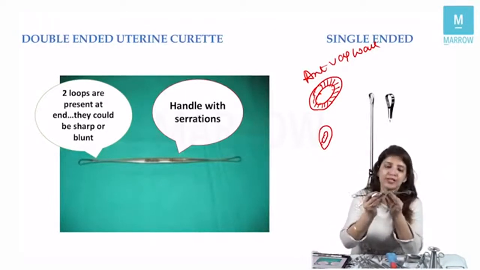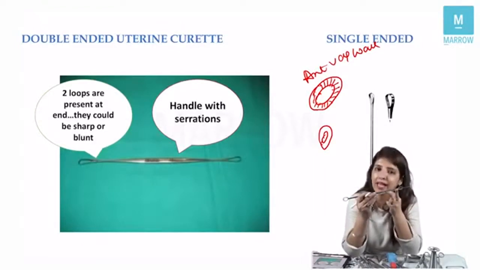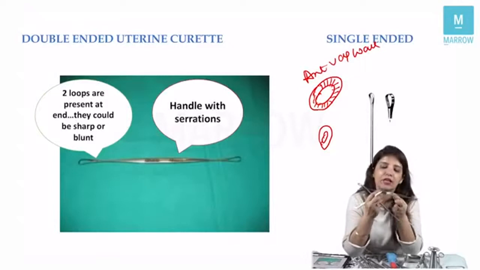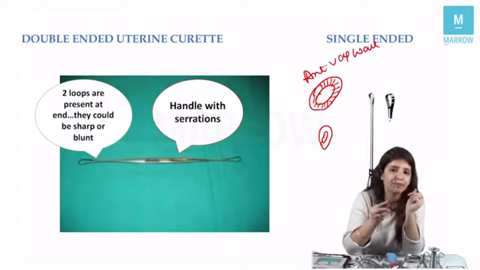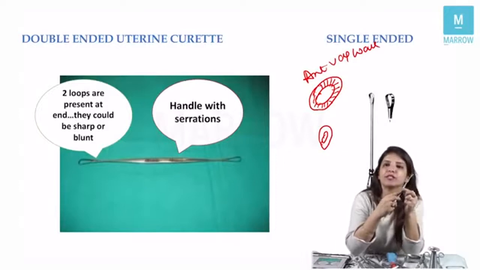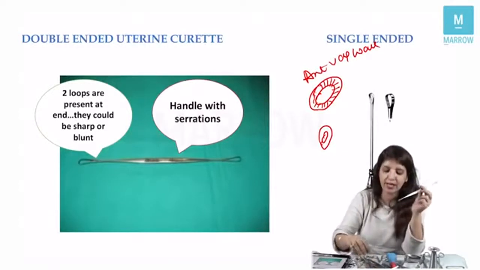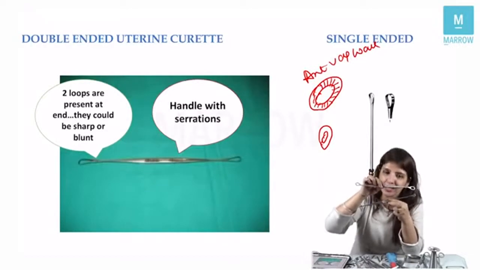Third, very important point: in the anterior vaginal wall retractor, the serrations are present at the end. But in a curette, the serrations are present on the handle so that you can have a firm grip, right? So for a firmer grip, the serrations are present in the handle, whereas there are no serrations in the handle of an anterior vaginal wall retractor.